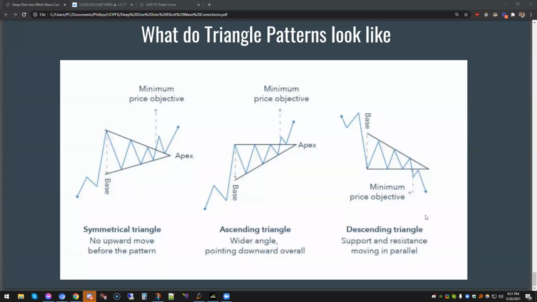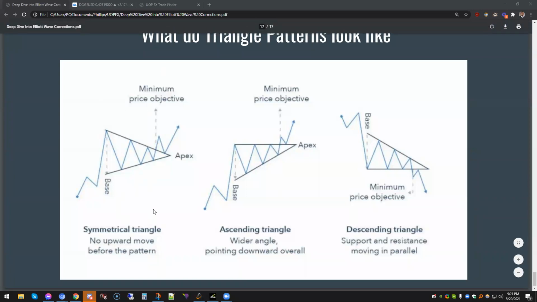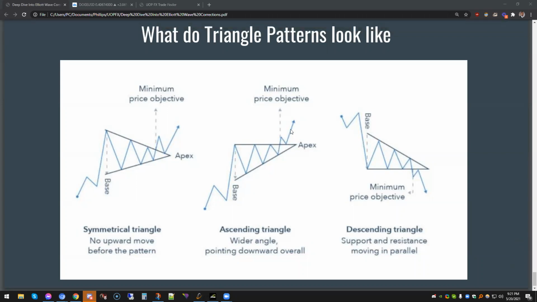All right, so here we have a symmetrical triangle. The symmetrical triangle is basically where the triangle is not sloping up, it's not sloping down, it's just more flat. The ascending triangle is where, in an uptrend, you would have the base of the triangle sloping to the upside, whilst the top of the triangle is either flat or slightly sloping down, or slightly sloping up as well.